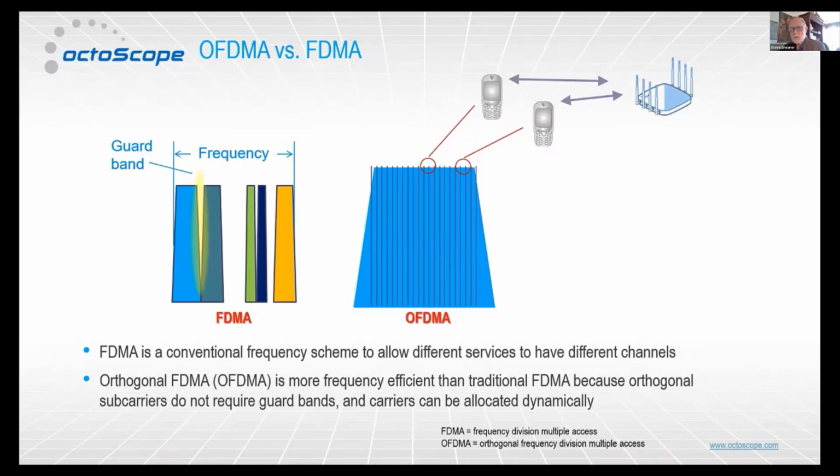The other interesting thing about this is that, unlike FDMA, these individual carriers can be allocated dynamically. So one can allocate a number of carriers to a particular device depending on its data rate requirements and so on. So this is done on a dynamic basis and results in a very efficient system.